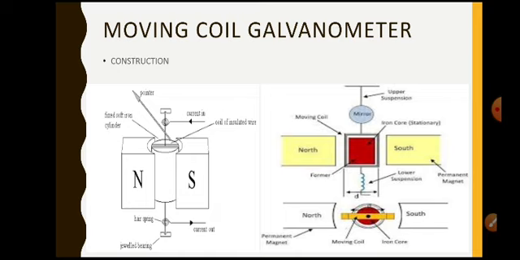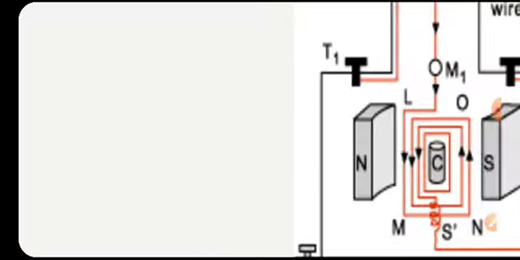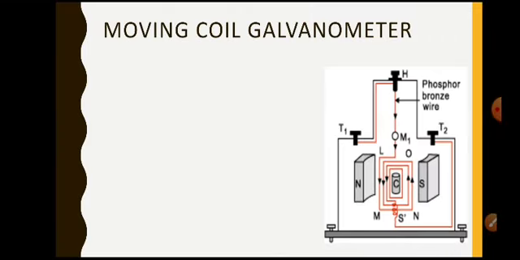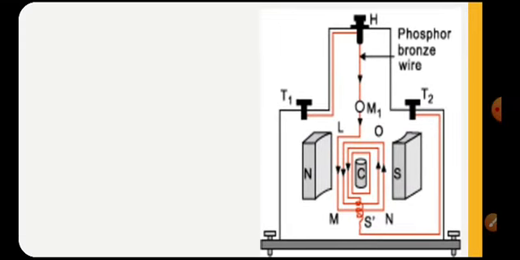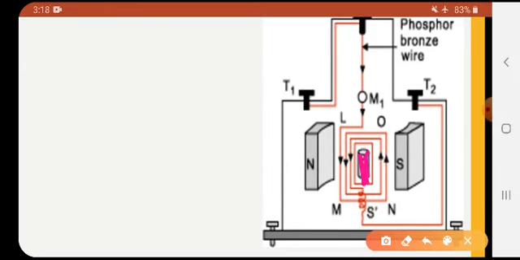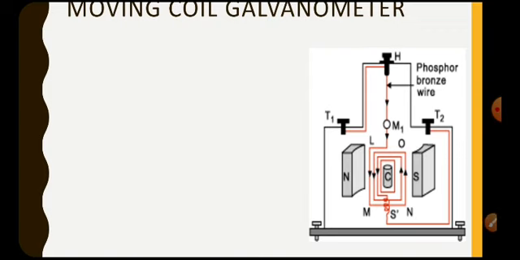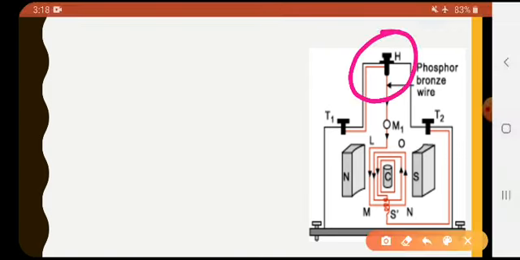See here, this is the rectangular coil, and the non-metallic shaft is placed inside the coil. This is the non-metallic shaft, and it is suspended with a phosphor bronze wire from a torsion screw. This is the torsion screw.